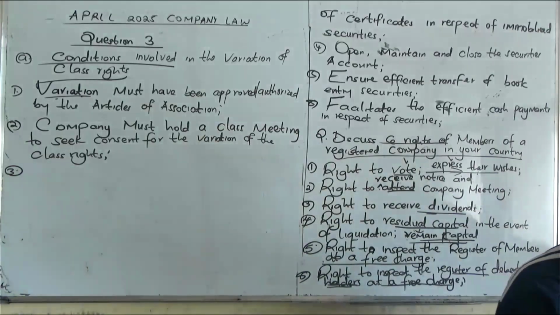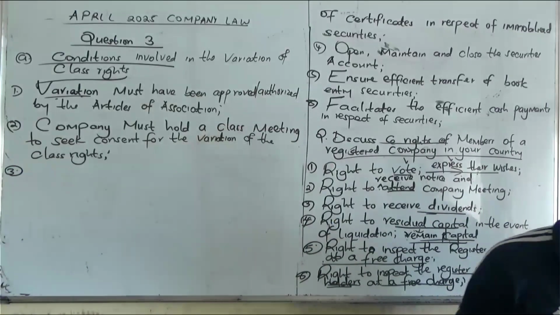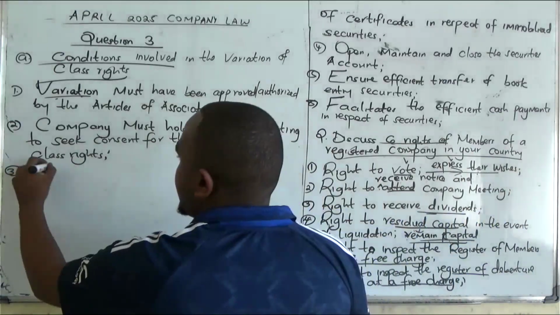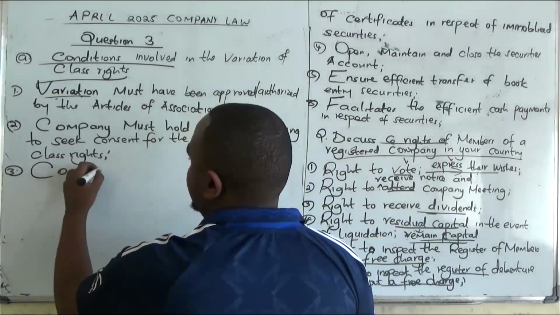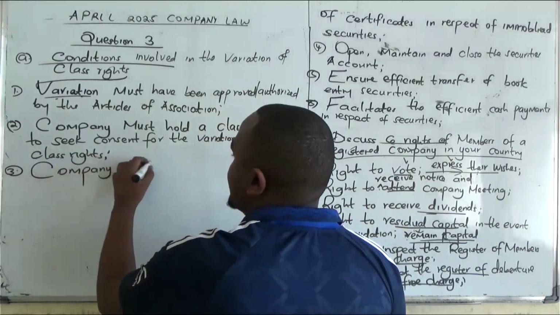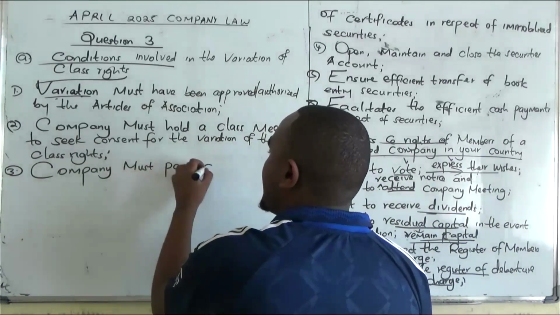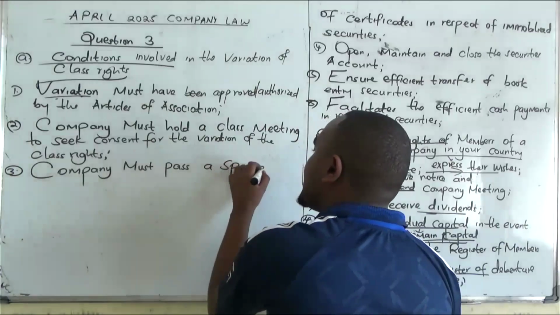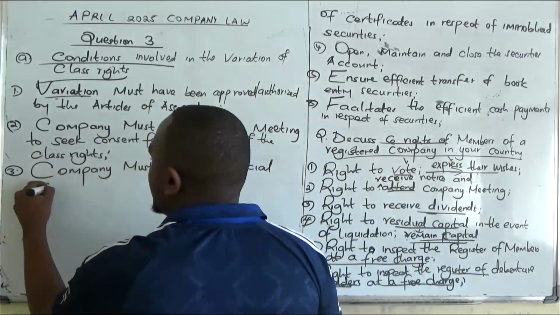The third one, the company must pass a special resolution. That is what we said. The company must pass, and again, the marking point being this one, a special resolution.